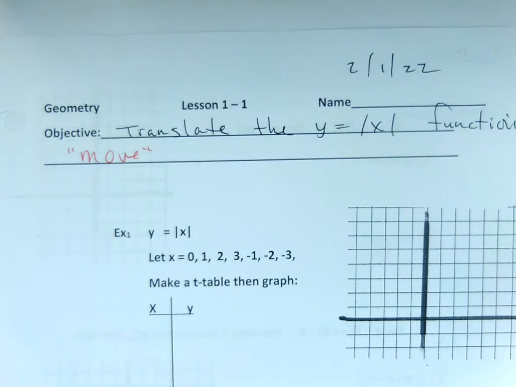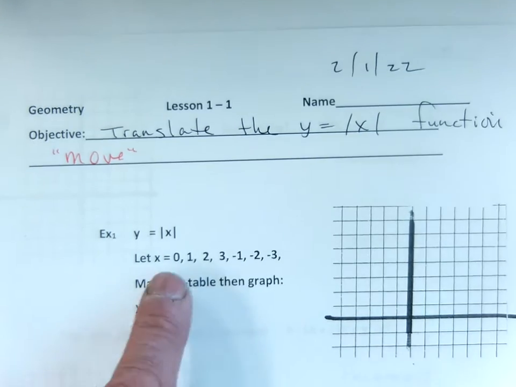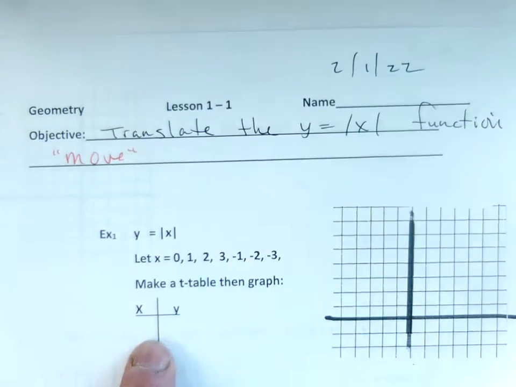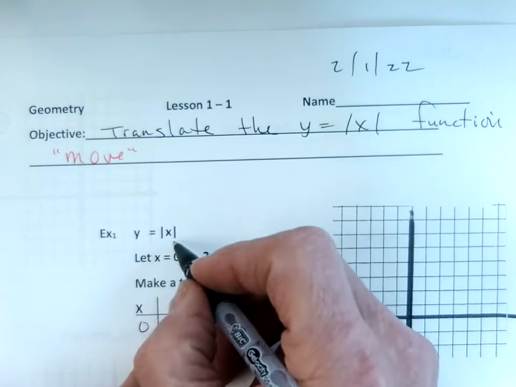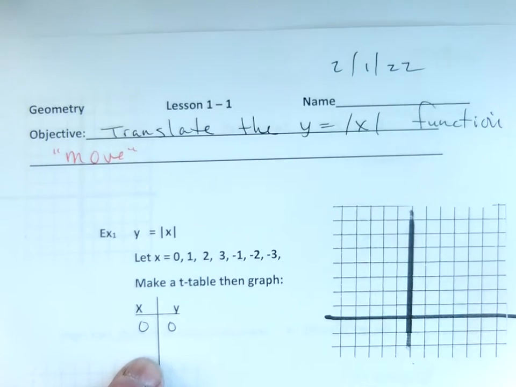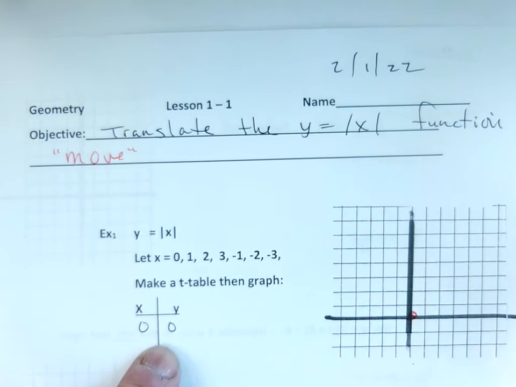So if I take a look at number one, whatever goes in comes out positive. If x is 0 and I plug in 0, the absolute value of 0 is 0, so I'd have a point at (0, 0).